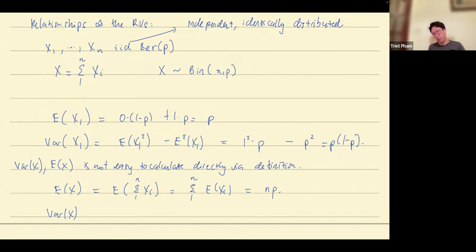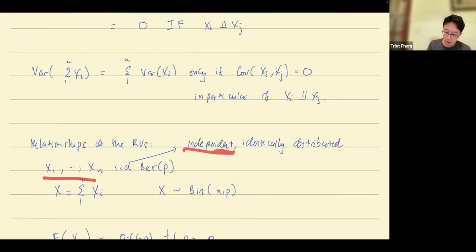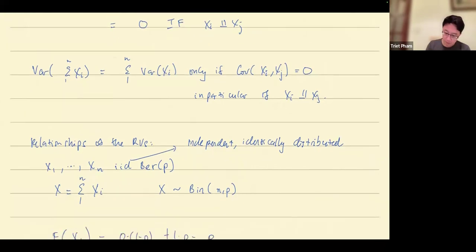The calculation will be technically complex, complicated. So these are both not easy to calculate by definition. On the other hand, the Xi's here are independent, and if random variables are independent, then the variance of the sum is the sum of the variances.